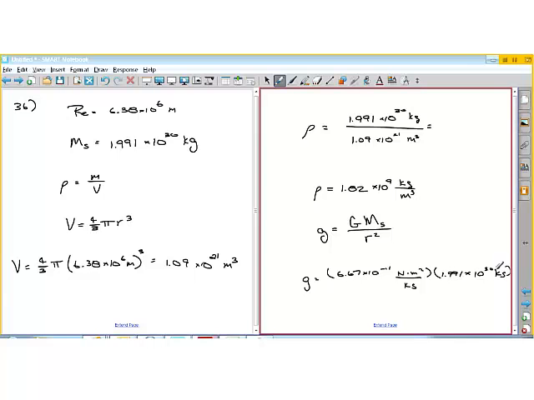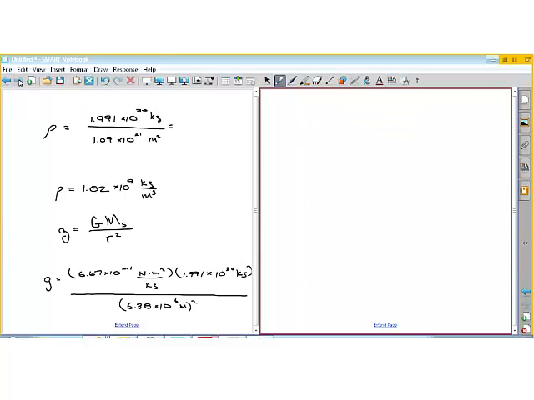That's in the chapter; I wrote it down over here on the left. Divided by the radius squared. So the radius is the radius of the Earth. We're saying it collapses to the size of the Earth. So 6.38 e to the 6th meters quantity squared. Okay, let's plug that in.